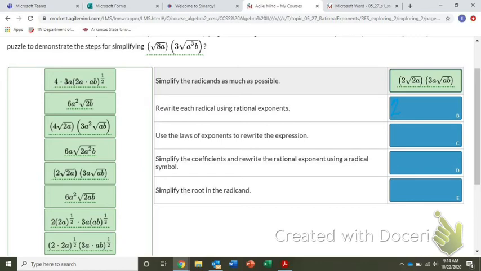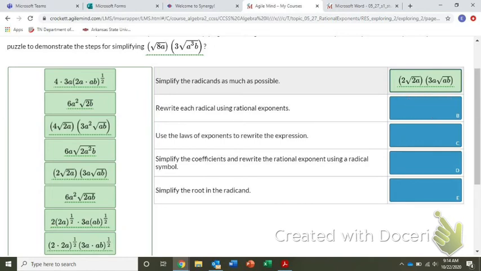Let me change the colors. So we just have a 2. Now, the square root of 2a can also be written as 2a to the 1/2. Same thing with the 3. We can't do anything with the 3a, but we can say the square root of ab.